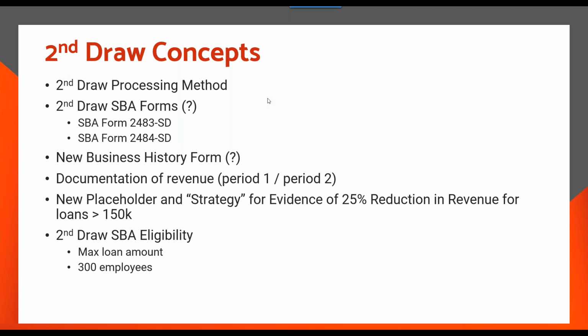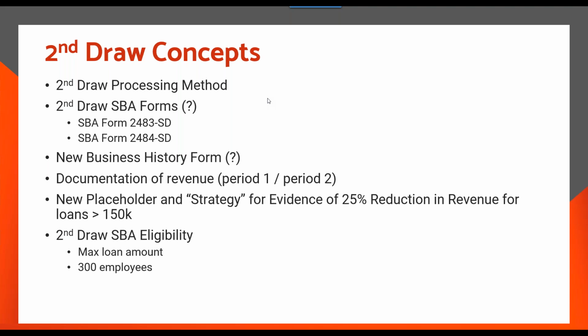We also know that in the new SBA portal, they're going to require us to send, for second draw loans, period 1 and period 2. And I believe that's going to be for the 25% reduction in revenue. One of the things that we're adding for second draw loans is a new placeholder so that we can prompt for evidence of the 25% reduction in revenue.